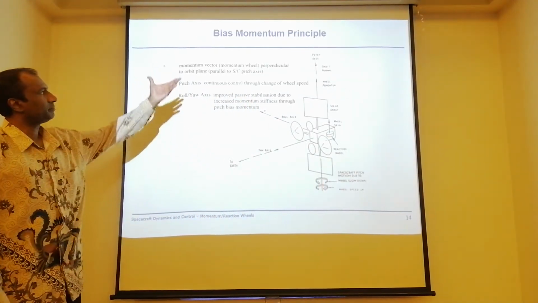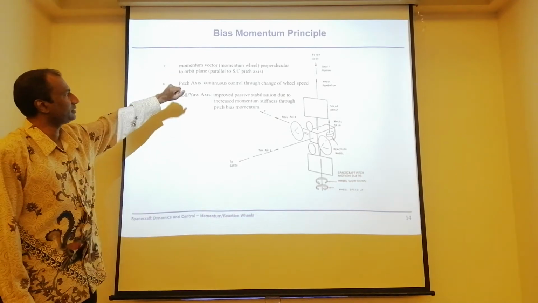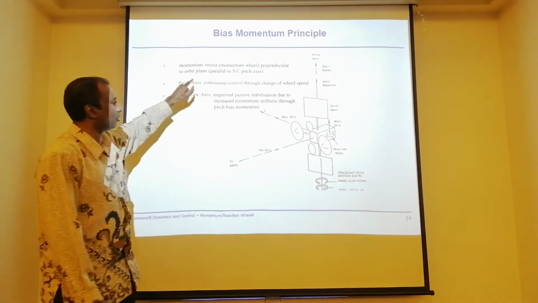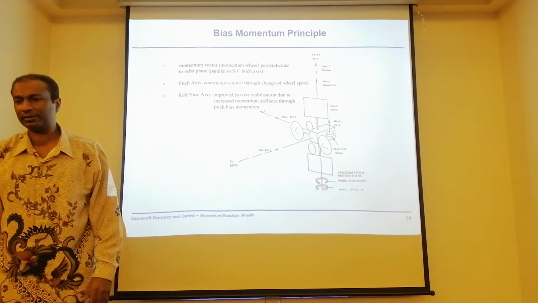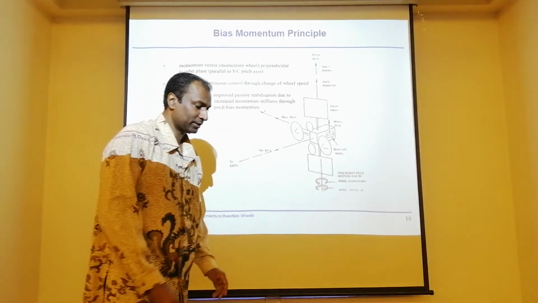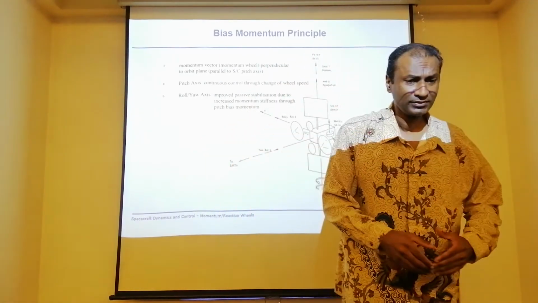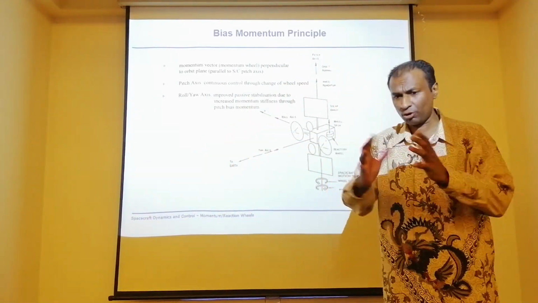Okay, now let's see the bias momentum principle. The momentum vector is perpendicular to the orbit plane. I am going to specifically pick a bias momentum satellite because it's quite typical for a small satellite.